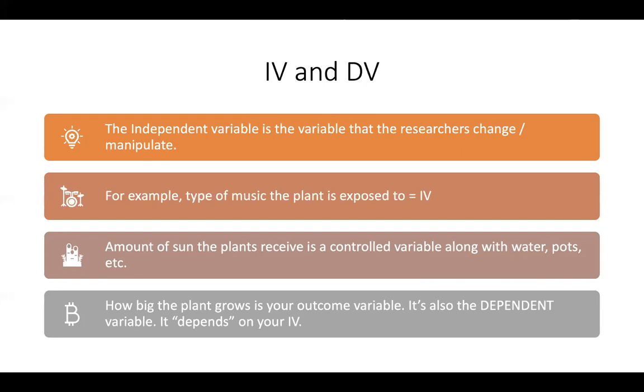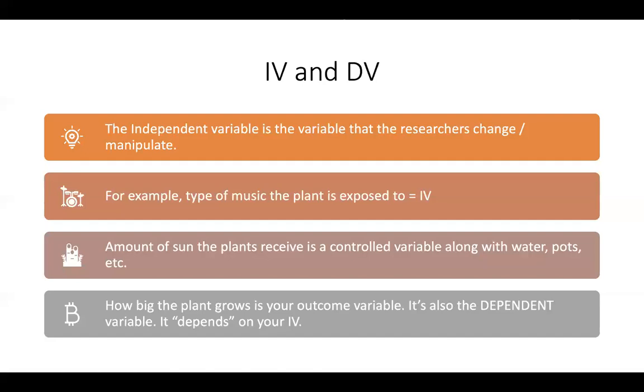What you're measuring, and so if you're going to use plant growth or how big the plant gets, whatever it is, that's your outcome variable. That's what you're measuring at the end to see if there was a difference that was made by the independent variable. So if you're going to change the independent variable like music, then you want to measure whether that had an effect on plant growth. So you measure plant growth.